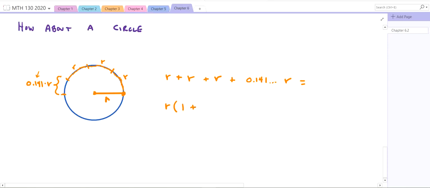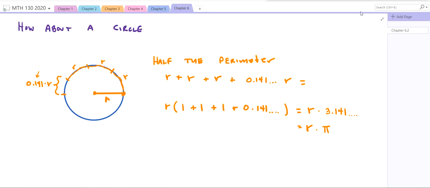This will be 1 plus 1 plus 1 plus 0.141 going on for infinity, so this equals r times 1 plus 1 plus 1 is 3 plus 0.141 is 3.141 dot dot dot, or we commonly replace that with r times pi.